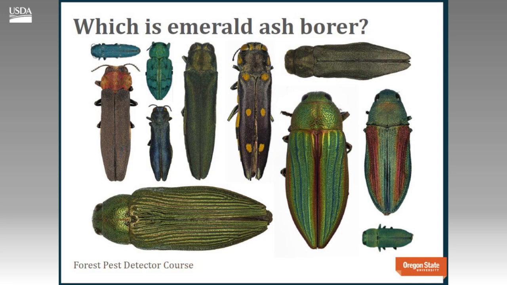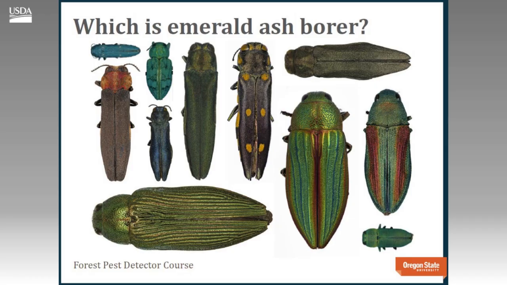So OSU created a forest pest detector course, which many people have taken over the past decade or more. I hear it's being renovated at the moment, but watch for that if they make it available again. So here you can see in this pop quiz that it's not always so easy to say which is EAB from its general appearance. Certainly, any one of those could be mistaken for EAB pretty understandably.